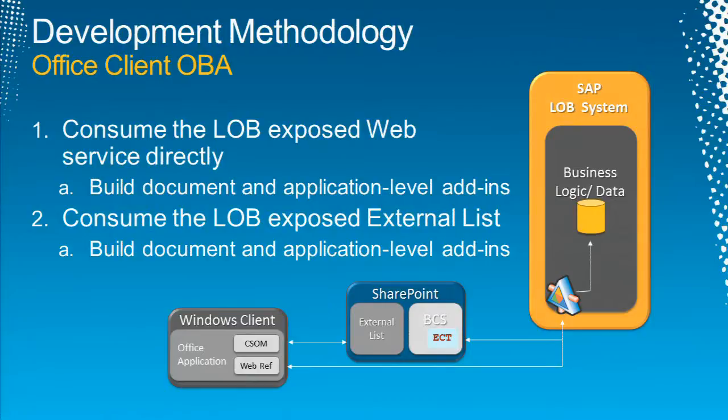We can build document level and application level add-ins. We can consume the line of business data exposed by an external list, either using the client-side object model, or to use the web references, which is the way we did it in Excel. We just went directly against the web services.